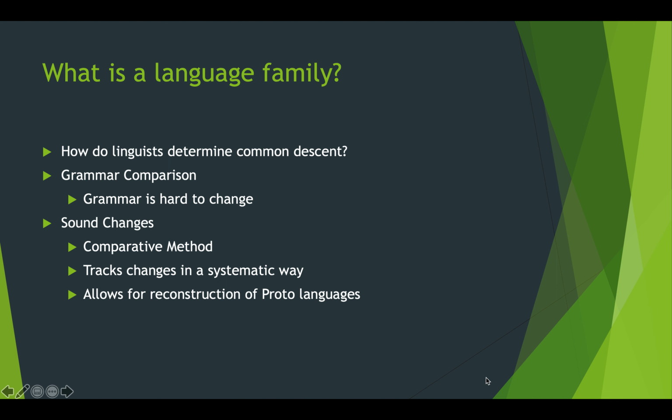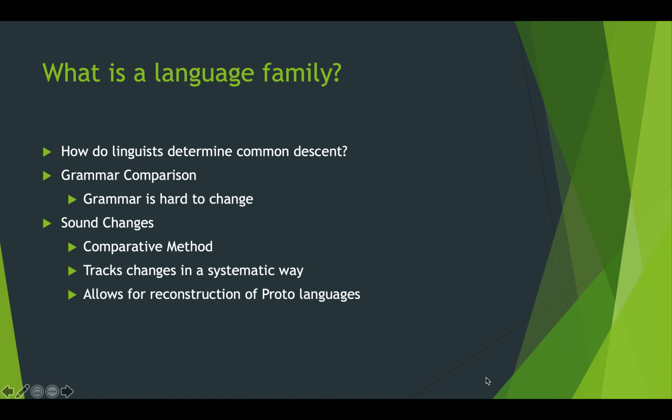And if there are unique sounds, let's say Portuguese has a sound that isn't found in French or Spanish or Italian, then we can guess that this either was introduced by contact with another group, with another language family, or it was something spontaneous that just changed over time.